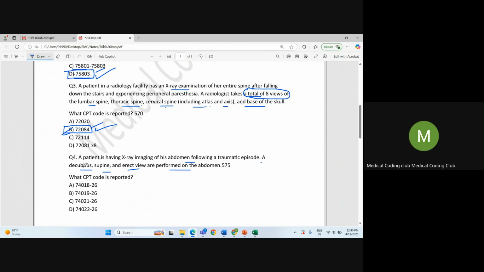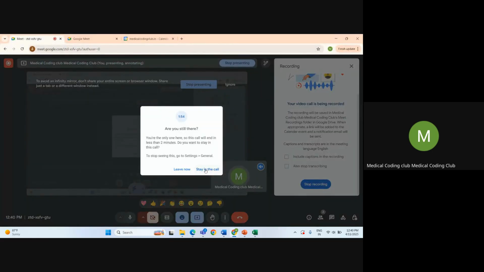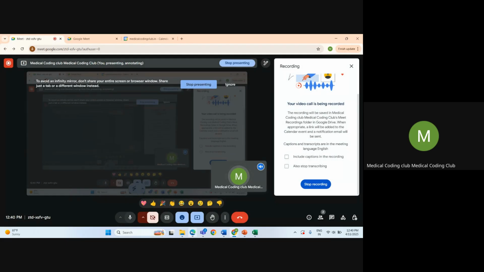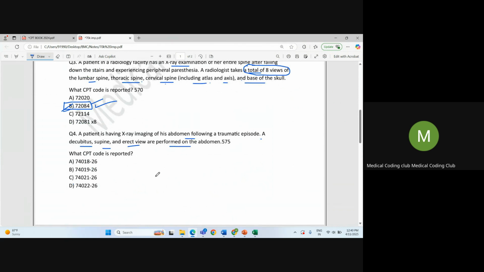One side, there may be left side decubitus view or right side decubitus view. Mainly, whichever side the patient is turning, that will be considered as a decubitus view. Okay, so 3 positions they have taken. So let's see the answer also.